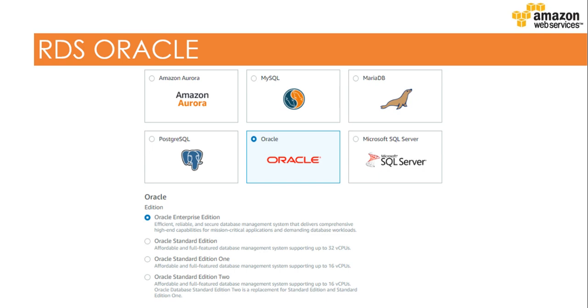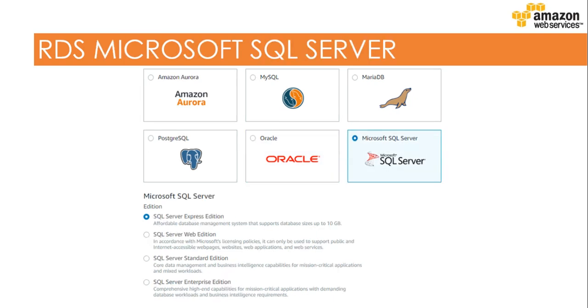The next commercial database is Microsoft SQL Server, again with different editions: SQL Server Express Edition, Web Edition, Standard Edition, and Enterprise Edition. A good thing is that there is a concept called bring your own license. If you already have a license for Oracle or Microsoft SQL Server on-premises, you can use that licensing model in the AWS cloud as well. That is known as bring your own license.